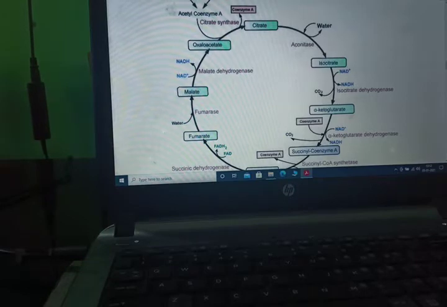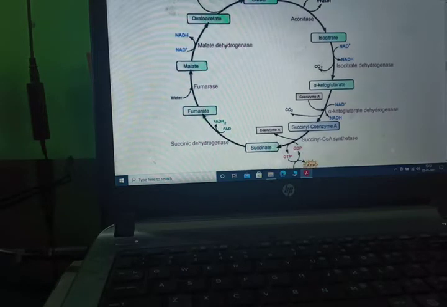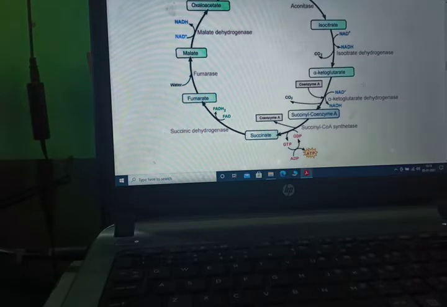Isocitrate converts to alpha ketoglutarate with release of carbon dioxide. NAD+ converts to NADH in the presence of isocitrate dehydrogenase. Alpha ketoglutarate is converted to succinyl coenzyme A in the presence of coenzyme A, with release of carbon dioxide. NAD+ converts to NADH in the presence of alpha ketoglutarate dehydrogenase.